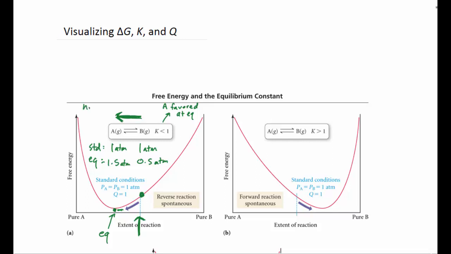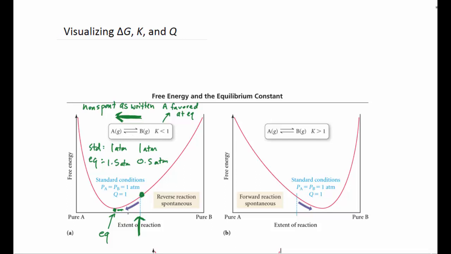It's non-spontaneous as written. Because in order to go in the spontaneous direction, you would have to say B makes A, right? Sort of the reverse of that, okay? So as written, A to B is non-spontaneous, okay?